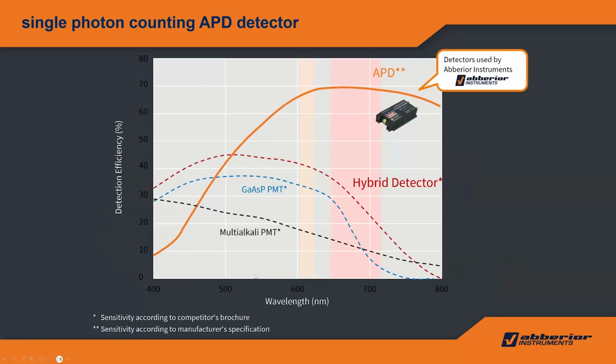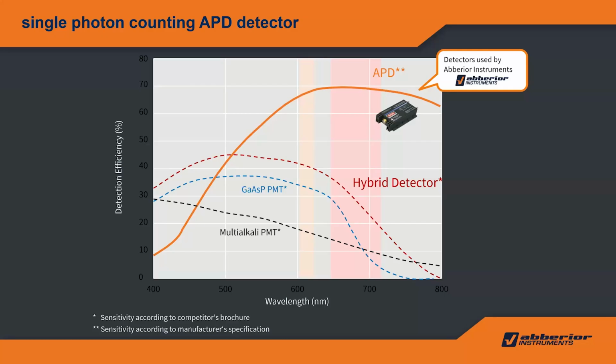Second, the detector. 100% of commercial confocal systems or two-photon systems use PMT, they use GaAsP, they use hybrid detector, which is actually a modified GaAsP detector, as the detector. All these detectors have the same vendor, Hamamatsu, Japan.